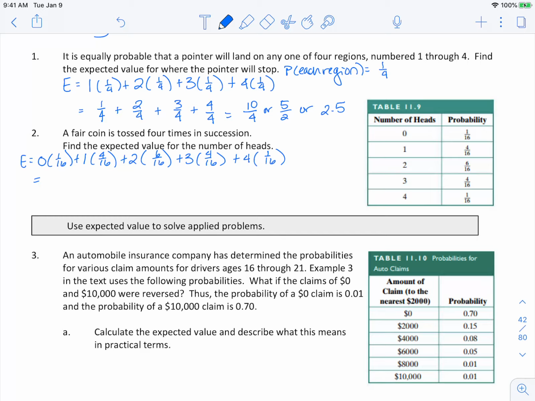If I add this up, we have 0 plus 4/16 plus 12/16 plus 12/16 plus 4/16, which gives us 32/16, or 2.